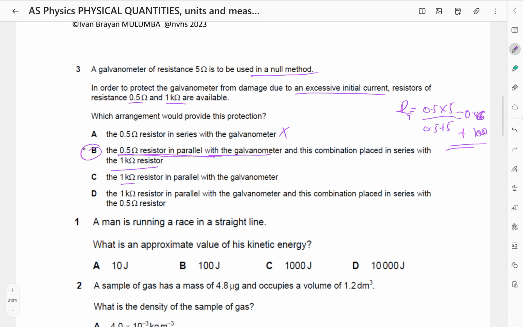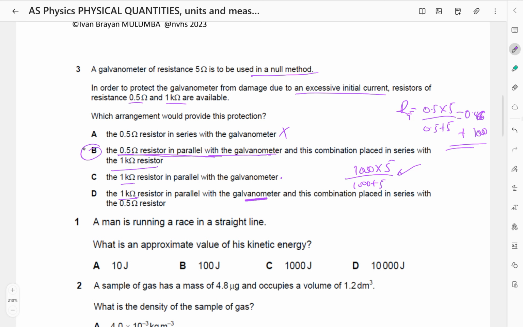1 kilo ohm in parallel with the galvanometer, that will be 1000 times 5 over 1000 plus 5. This value is less than the other one. So it means the current here is smaller than the current here. 1 kilo ohm in parallel with the galvanometer gives us this value, and then in series with 0.5 ohms.